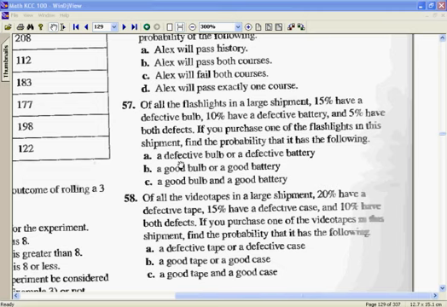Now let's go to part A. We need to find the probability that it has a defective bulb or a defective battery. The word "or" means the union, right?